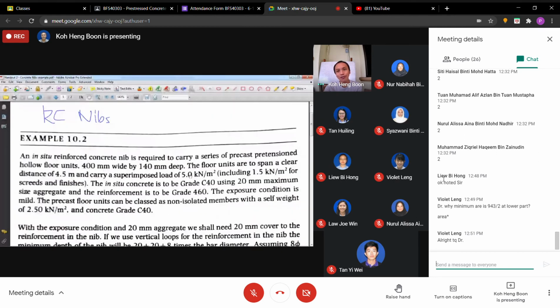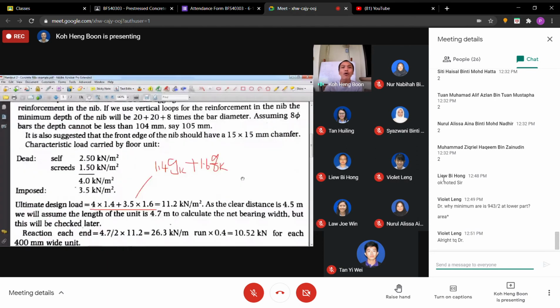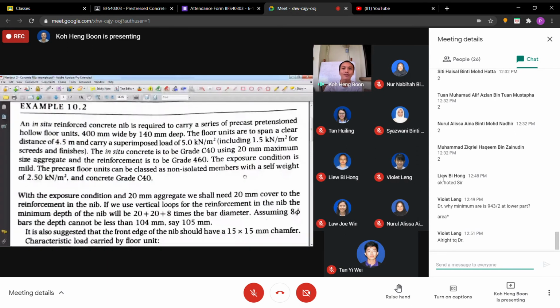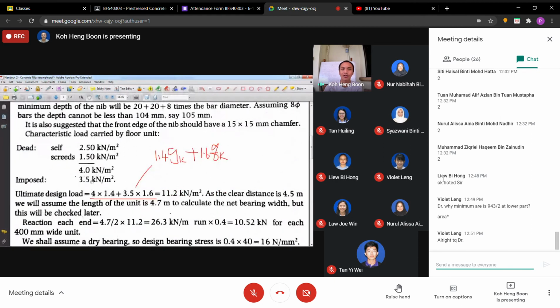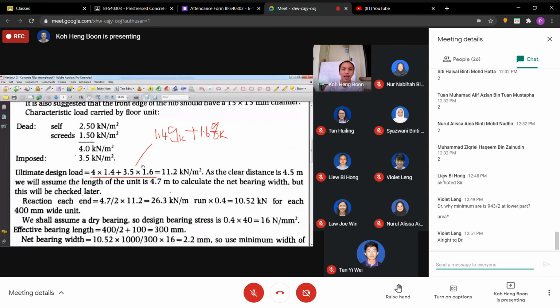It did not mention how much the imposed live load is, but from here you can calculate. The 1.5 is the finishes, so 5 minus 1.5, 3.5 is the Qk. So we have the self weight of the hollow core plus the finishes, 4 kilonewton per meter square, and the imposed load is 3.5 kilonewton per meter square.